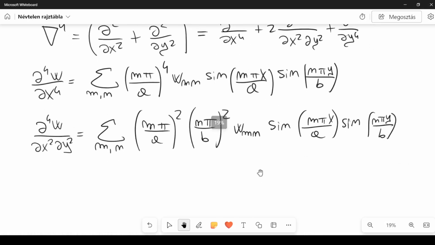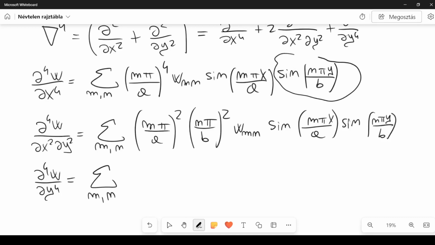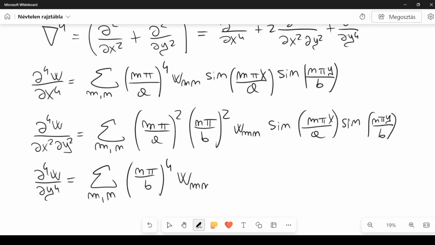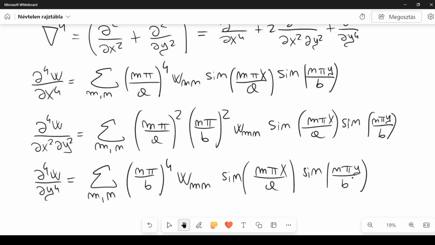And finally, we can also calculate d4w dy4, which is equal to summation over m over n. In this case, we are only going to act on this sine here. So we are going to get n pi over b to the 4, and similarly we get wmn sine of m pi x over a sine of n pi y over b.